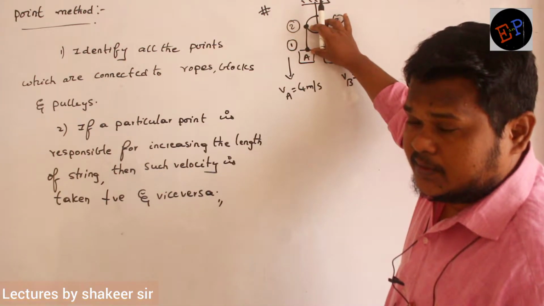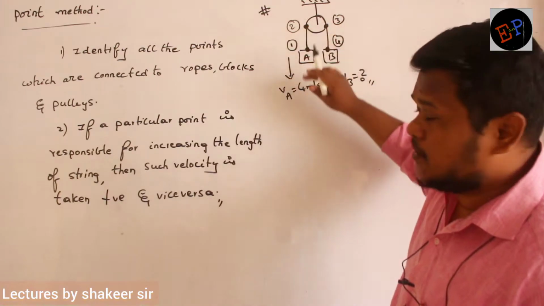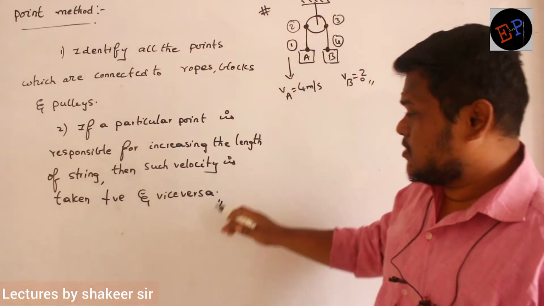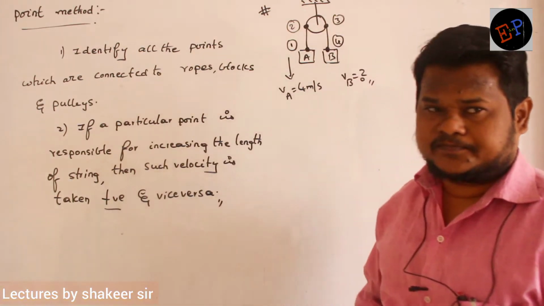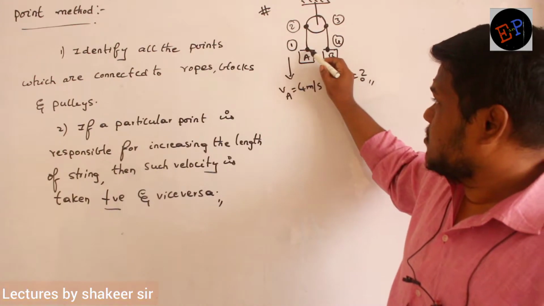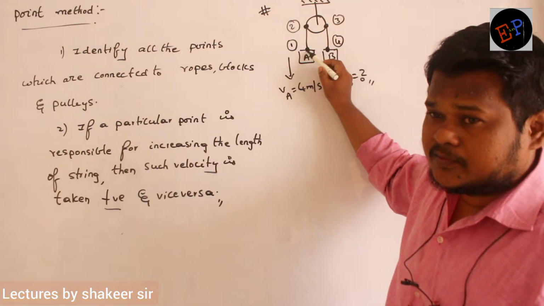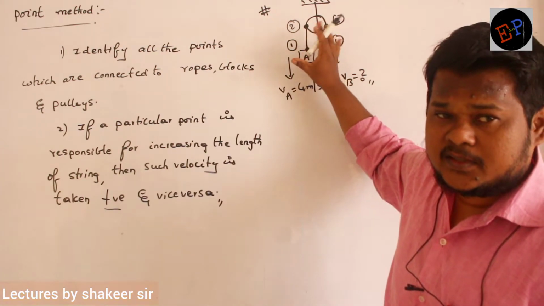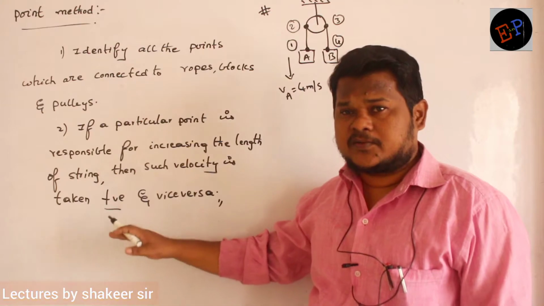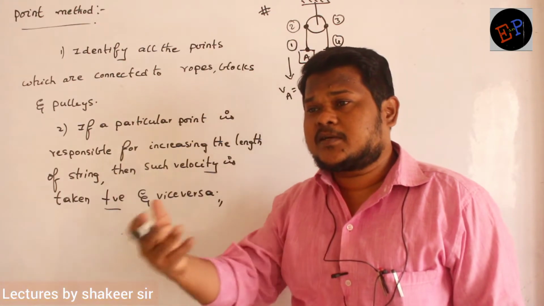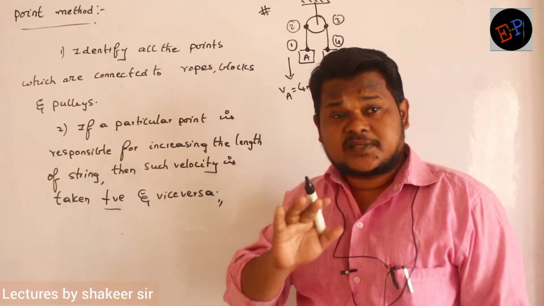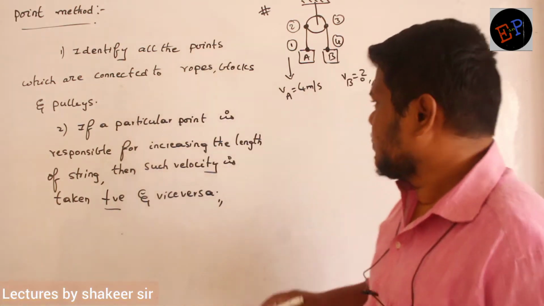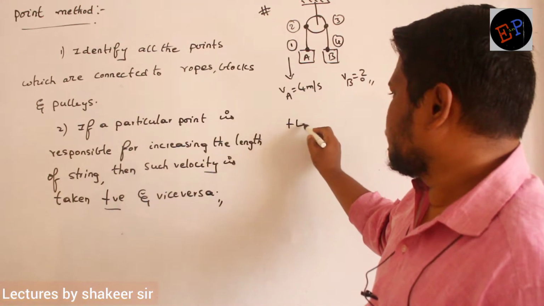The length of this string will increase. Such velocity should be taken positive. It means that velocity of point A should be taken positive or negative? Positive. Why do we take it positive? Because the length of the string is increasing. So in point method, you have to see whether the length of the string is increasing or not. If length is increasing, such a point's velocity should be taken positive. Clear now? So therefore this velocity I will write as plus 4 now.